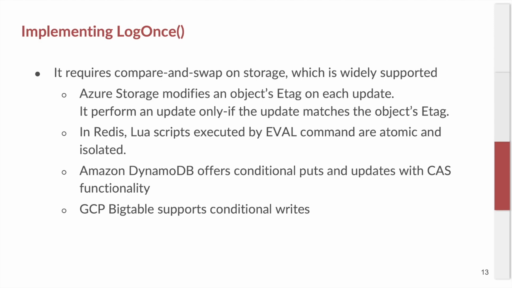In Redis, we can use Lua scripts that are executed by the eval command and can be executed in an atomic and isolated way. Amazon DynamoDB offers conditional puts and updates with compare-and-swap functionality. GCP Bigtable also supports conditional writes.